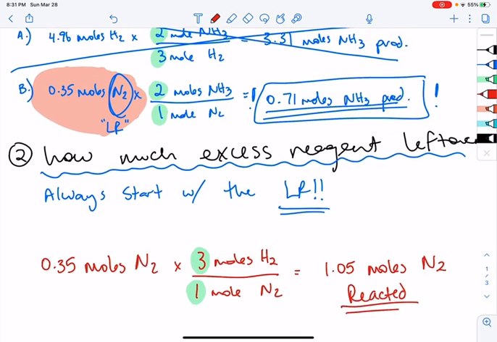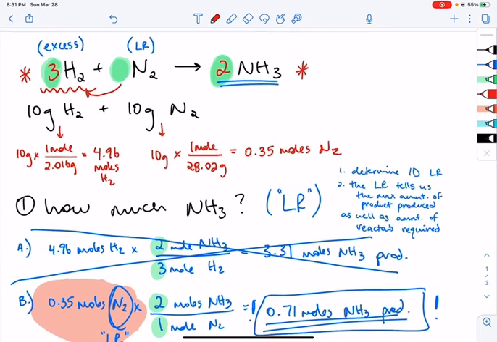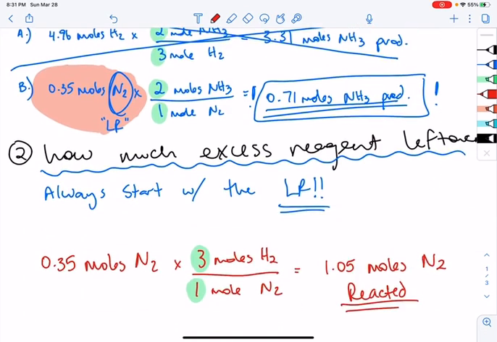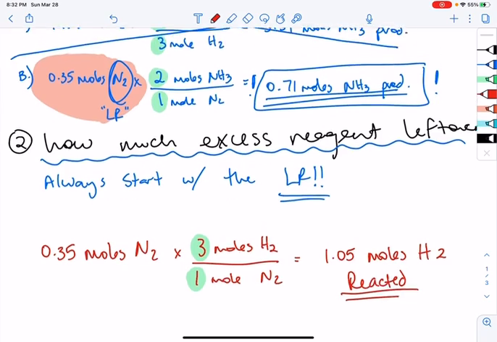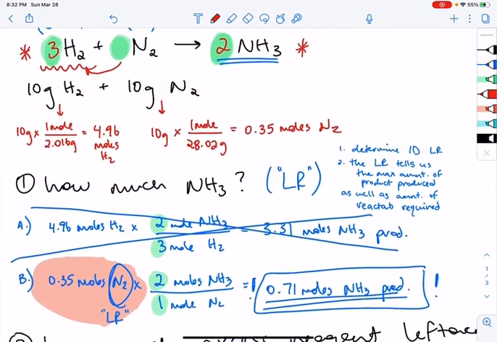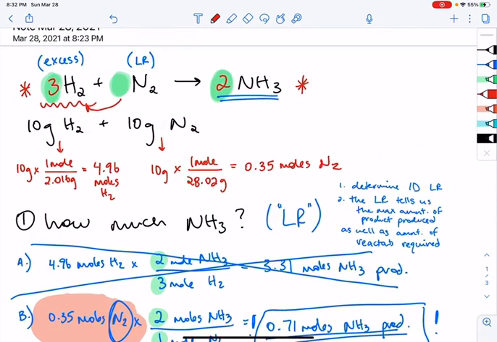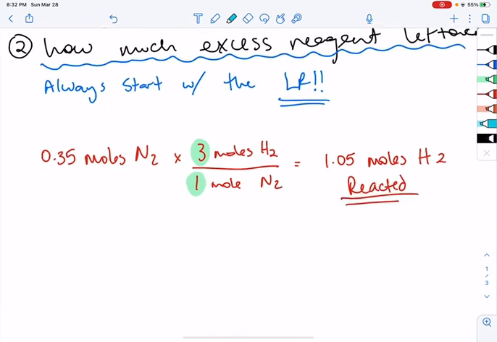So if 1.05 moles of nitrogen reacted, or sorry, shouldn't be nitrogen, it should be hydrogen. If 1.05 moles of hydrogen reacted, how much is left over? Well, how much did we start with? We started with 4.96.